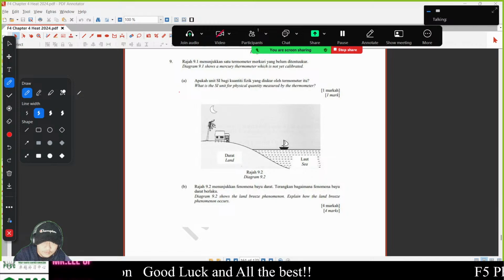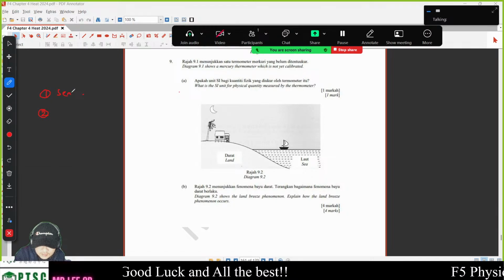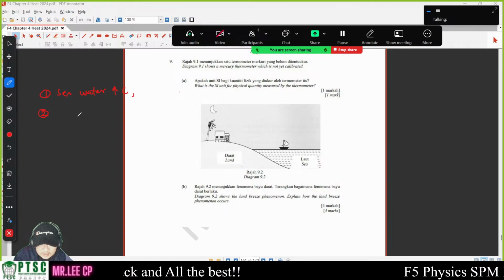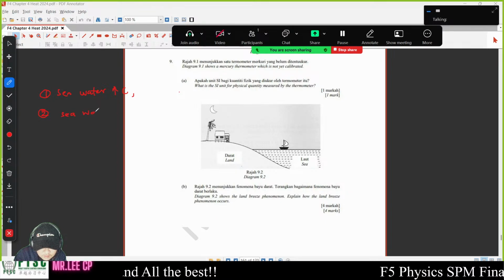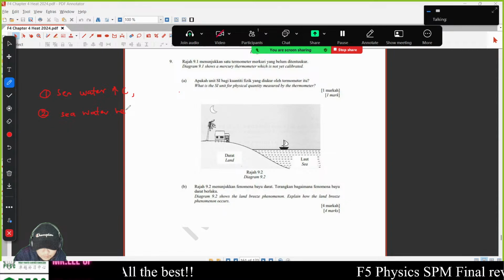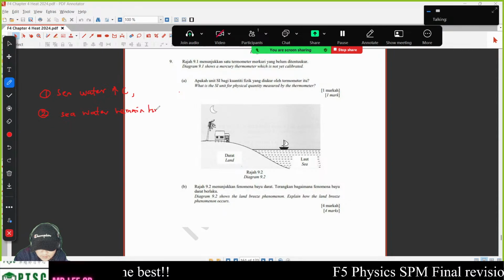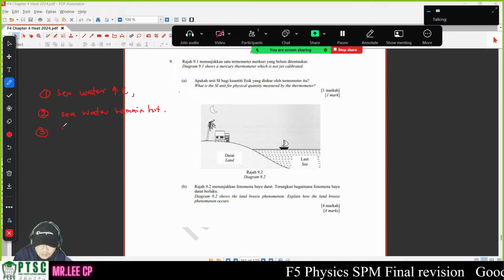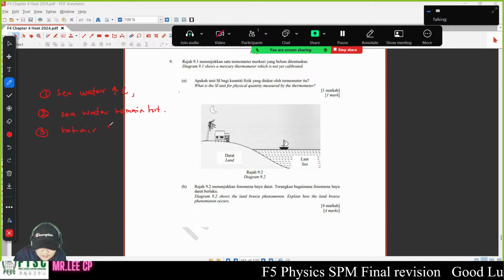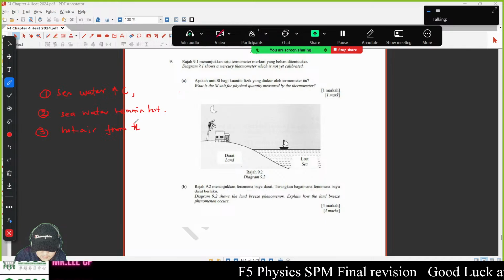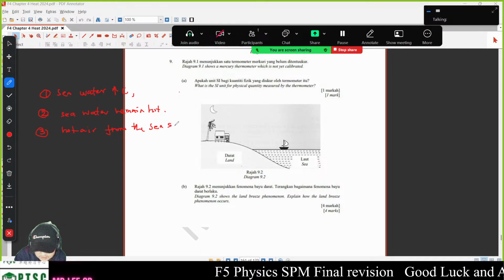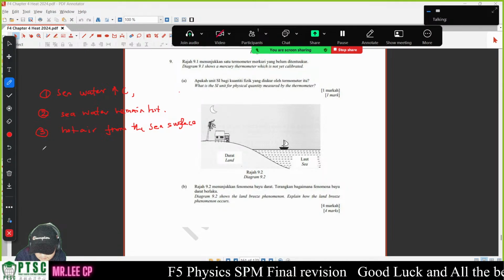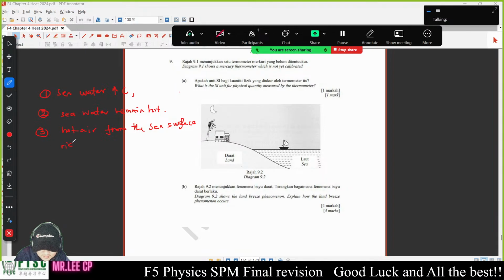I rewrite. Sea water has high heat capacity, so sea water remains hot, not easily cooling down. Sea remains hot, so hot air from the sea surface rises upward.